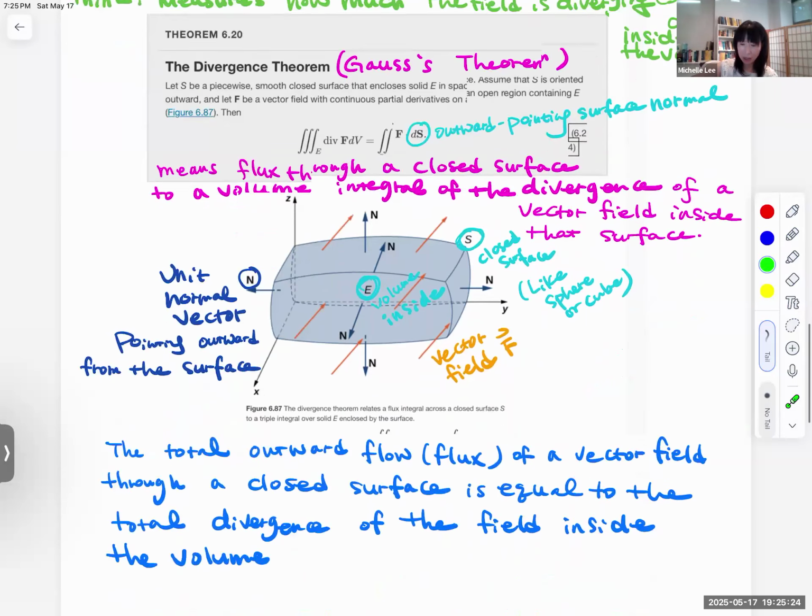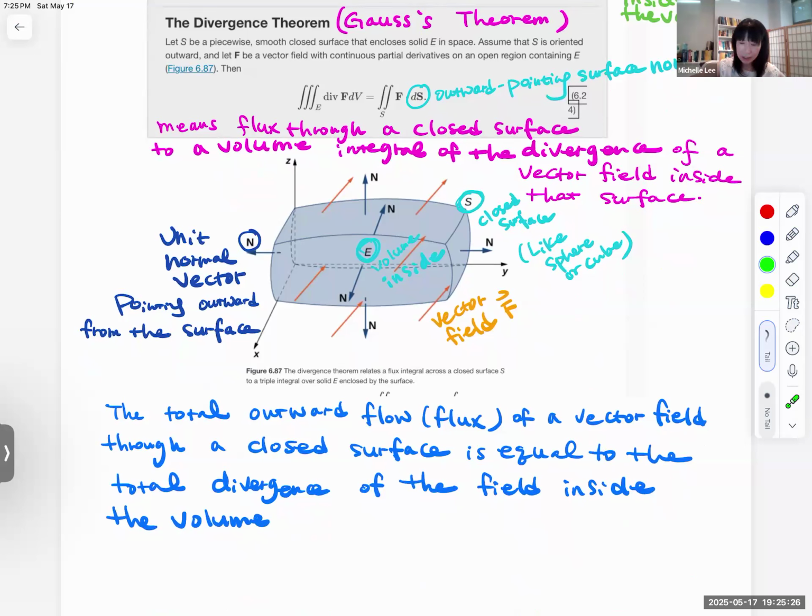I put a lot of words. We have a unit vector pointing outward from the surface, and the picture shows the vector field. Once again, this means we equate the flux through a closed surface to a volume integral of the divergence of the vector field inside that surface.